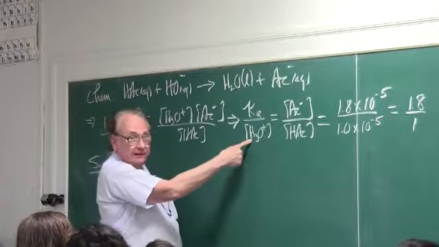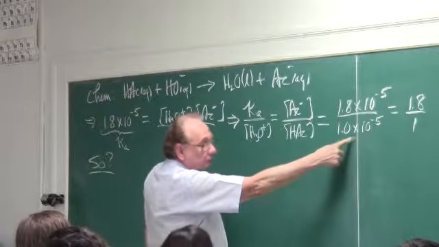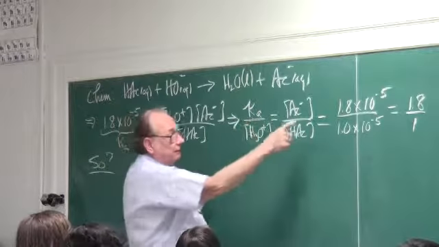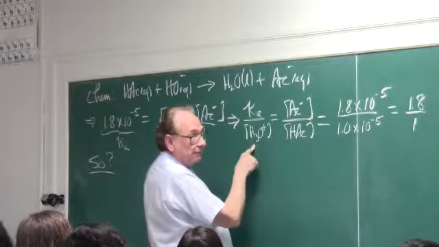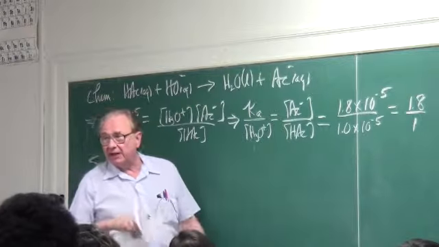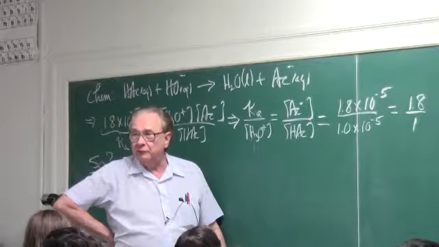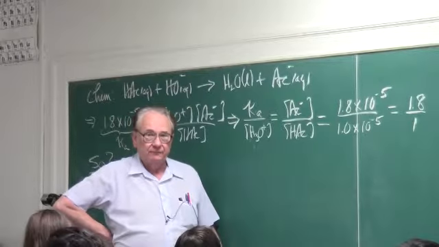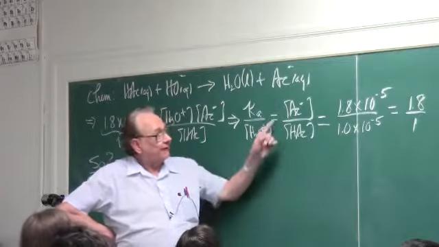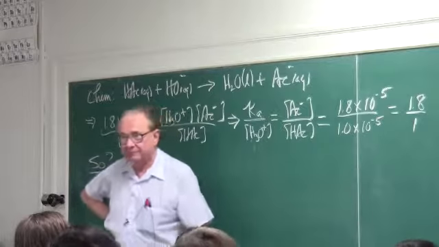Here's the hydronium ion concentration at 1.0 times 10 to minus 5 molar. That's what I'm trying to prepare, right? Well, here's Ka. Which means if I make an acetic acid acetate ion solution in which the mole ratio or molar concentration ratio, same thing, of acetate ion to acetic acid is 1.8 to 1, I got it.